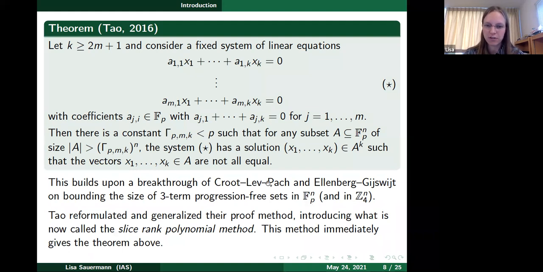That's in the case of the Croot-Lev-Pach work. And then after these works came out, Tao reformulated and generalized their proof method and introduced what is now called the slice rank polynomial method. And from this slice rank polynomial method, one immediately gets the theorem above, even though as far as I know, Tao hasn't written this down explicitly in this form, but it's really an immediate corollary of this method.